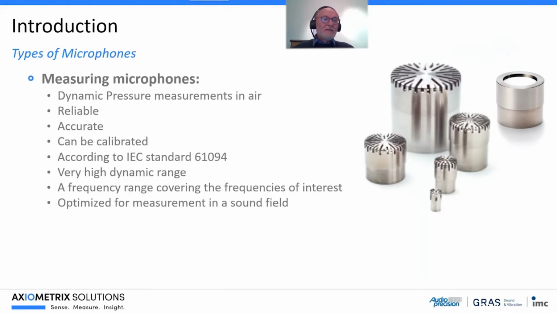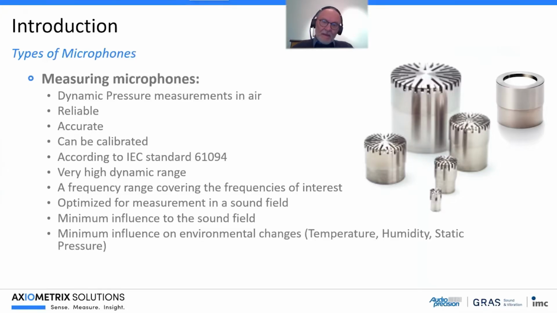The measurement microphone is optimized for measurements in the sound field it is used in. It means it will have a minimum influence on the sound field. And it will also have a minimum influence from environmental changes: changes in temperature, changes in humidity, and changes in the static pressure.